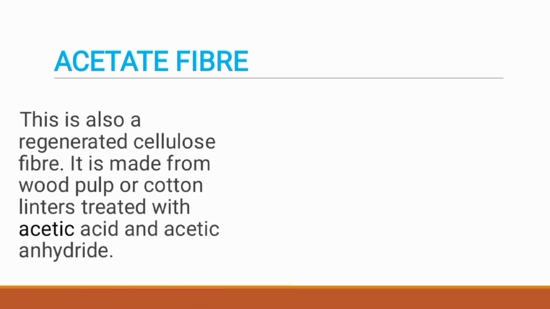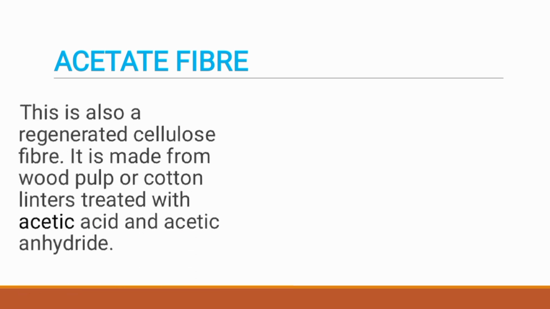Now the second one is acetate. This is also a regenerated cellulose fiber. Why am I using the word regenerated? Because it's gotten from a natural source and treated with chemicals to give us an artificial product. It is made from wood pulp or cotton linters treated with acetic acid and acetic anhydride.